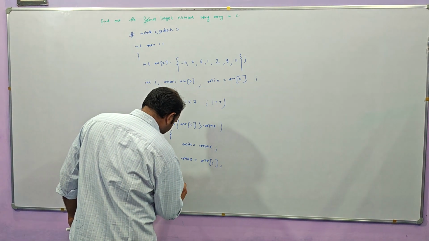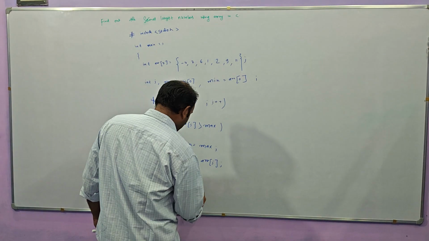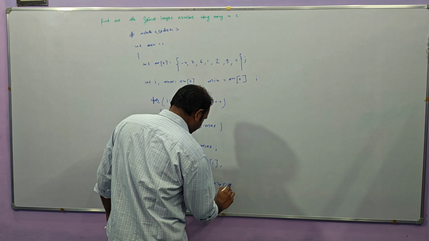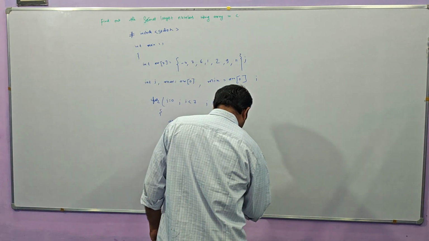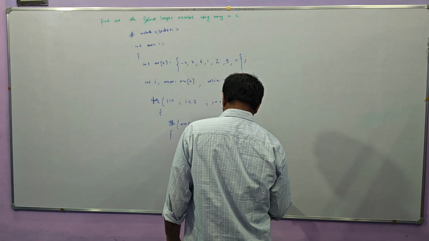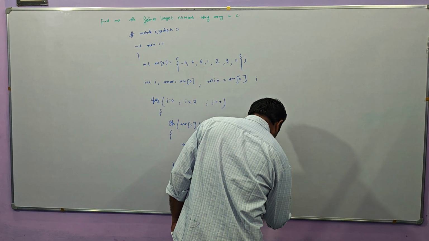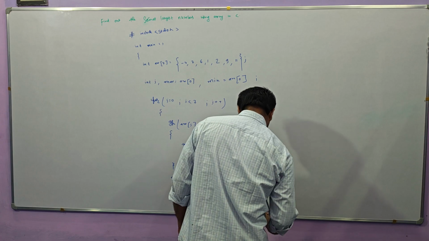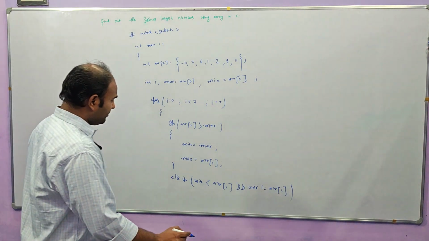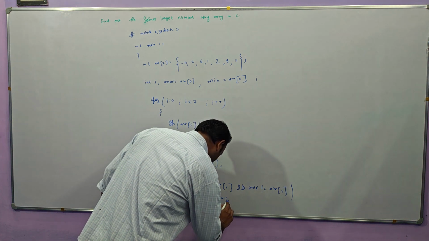Else if min is less than ar[i] and we use the AND operator, max is not equal to ar[i], then min is equal to ar[i].